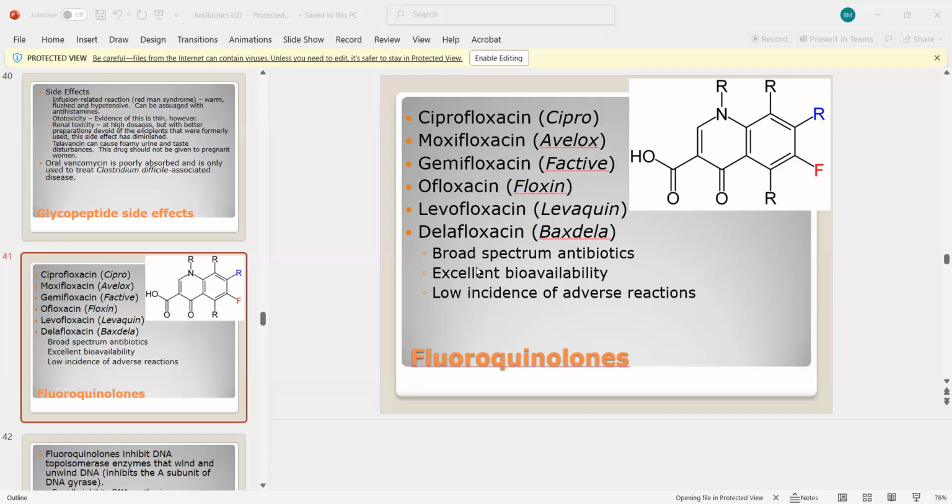So this shows you the spectrum. You can see the spectrum is quite broad. Ciprofloxacin, as you see, is not very effective against things like staph or Streptococcus pneumoniae or anaerobes or enterococci.